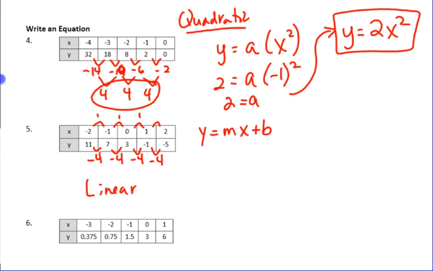So I know that m is -4, that's the slope. And I know b is the y-intercept, so when x is 0, that's where it crosses the y-axis. In this table, it tells me right here that y is 3 when x is 0. So my equation for this one would be y equals -4x plus 3.